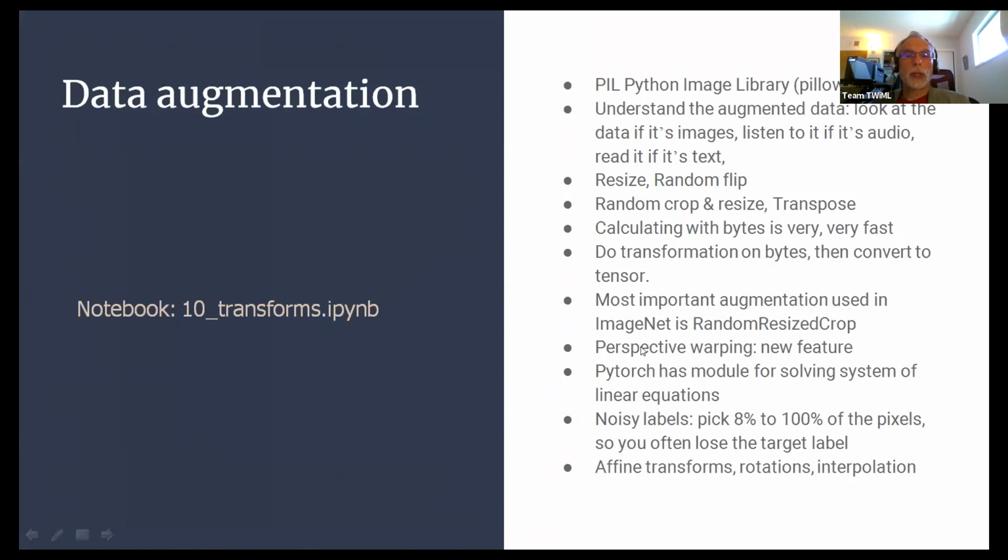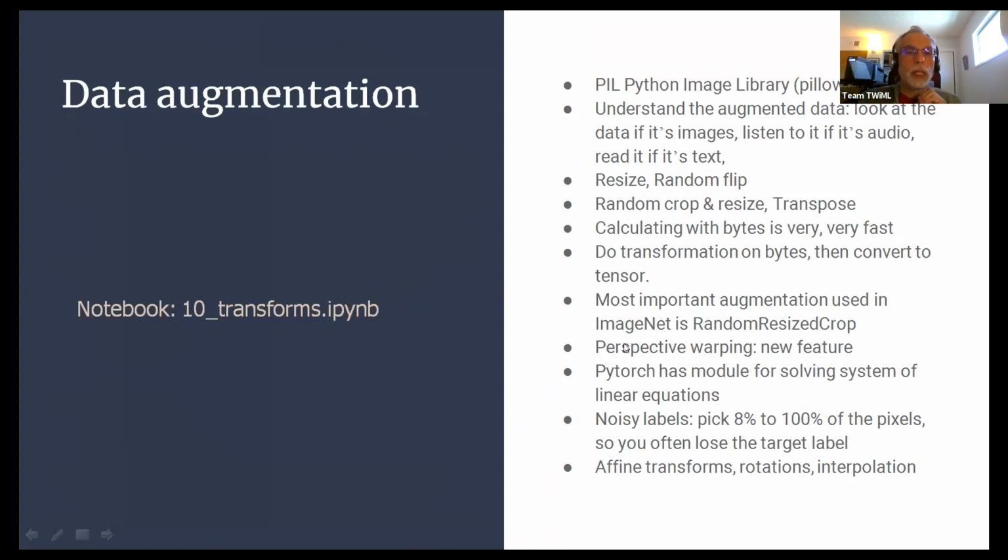Then he talks about perspective warping, which is something that they've developed. This allows you to take an image and transform it so that it's seen from a different angle. For example, if you're looking at a cat face on, you do a transformation where you have this cat image as if you were looking at it from 25 degrees off of face on.